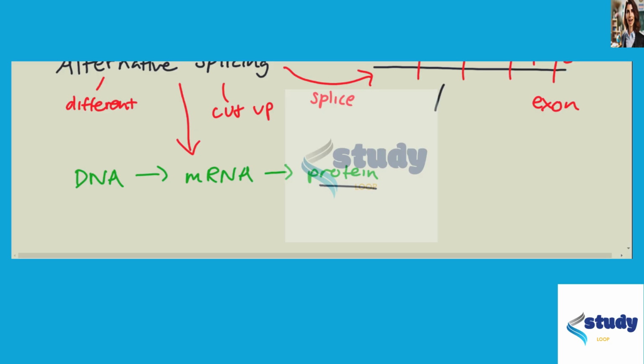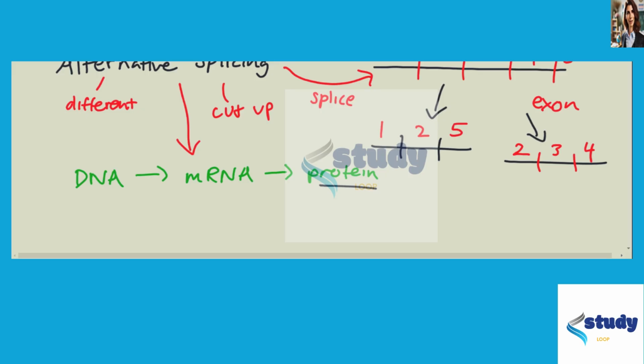So let's say that one order could be 1, 2, and 5. And let's say a different order could be 2, 3, and 4. Now, we know that these are two different mRNAs, as first off, they're shorter, and second, they have different exons, right?